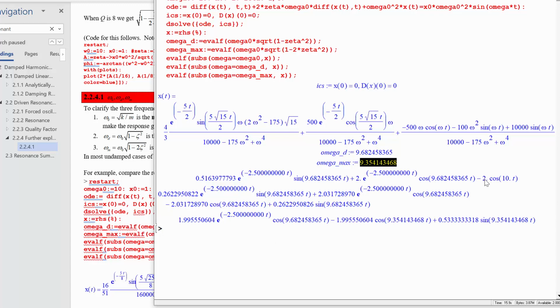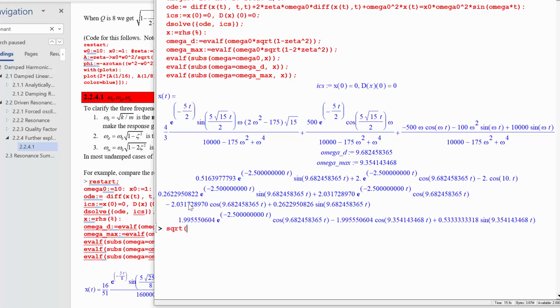The natural response is 2. The response at the damped natural frequency, which is 9.68, and you can see that in every case is the transient term's response frequency. If we drive it at that frequency, then we get this slightly larger amplitude. Let's check.